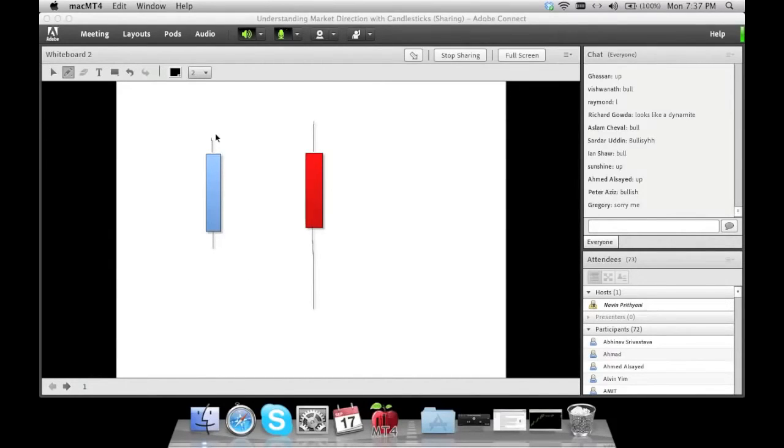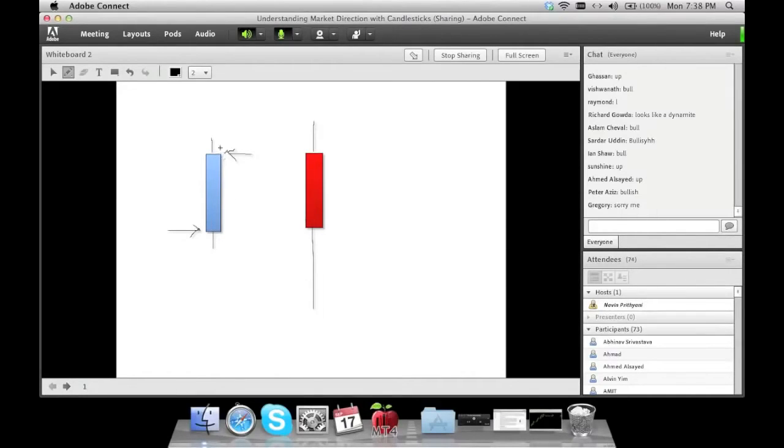Okay, now. Having that said, this blue candle: the market opens up here. It closed over here at the top of this blue zone. This is the reason why it's blue, because it is above the open. That's why this part is blue.